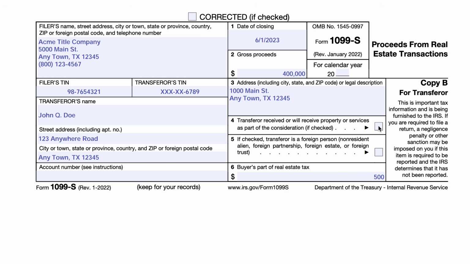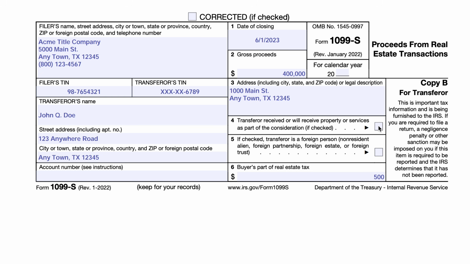In box 5, if that's checked, then that means the transferor or the seller is a foreign person. This could be a non-resident alien, a foreign partnership, a foreign estate, or a foreign trust. There may be additional tax withholding or reporting requirements. More information, you can find on IRS Form 8288.